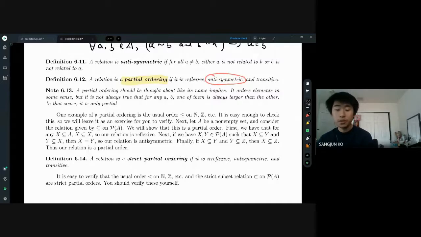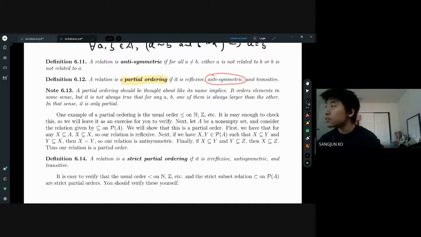Next, if we have two subsets of A such that X is a subset of Y and Y is a subset of X, this is exactly the criterion for determining if two sets are equal, so X is equal to Y, and that verifies antisymmetry. And finally, if X is a subset of Y and Y is a subset of Z, then X is a subset of Z. That shows our relation is a partial order.